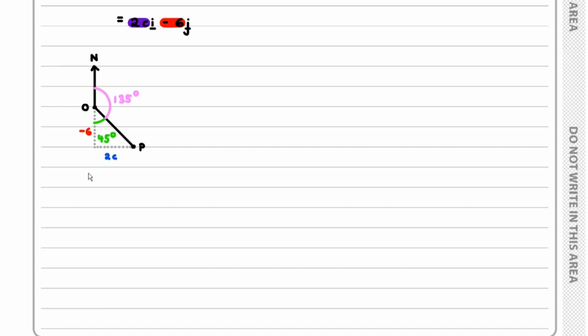Now what we can state using this diagram is -6 over 2c is equal to -1, and the reason for that is the gradient of this line OP is -1, and we have an isosceles triangle. We've got 45 degrees, this will also be 45 degrees, and then we've got the 90 degrees.